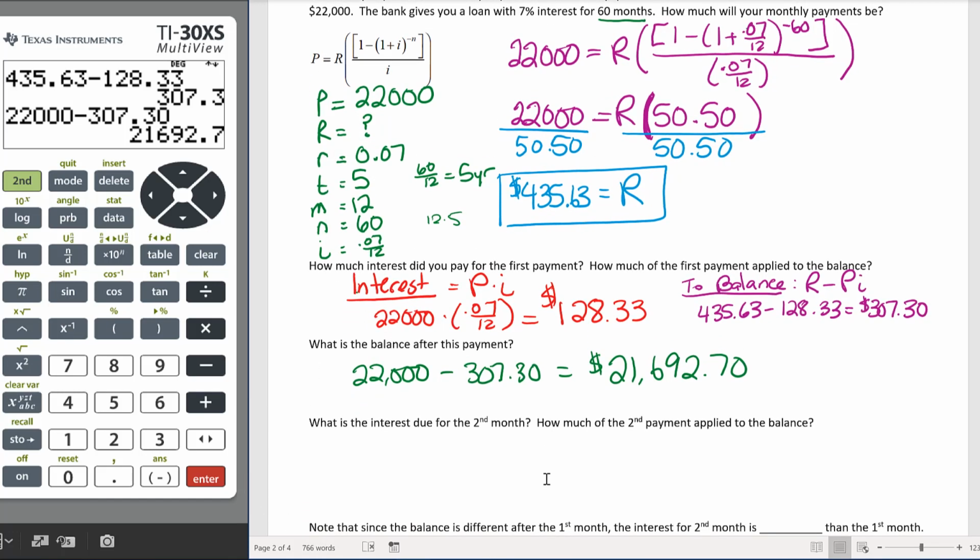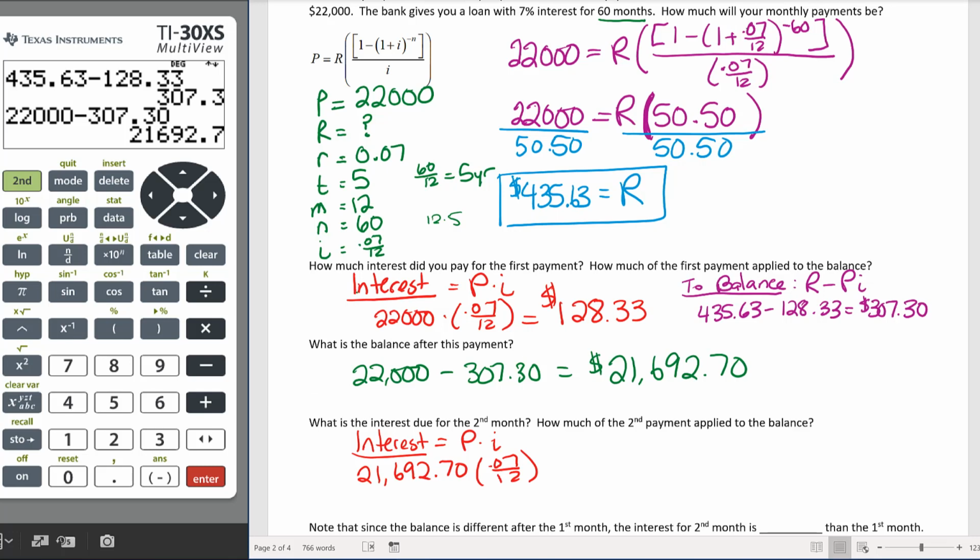So let's do one more month. What does the interest do for the second month? Well, the interest, again, is equal to the present value times I. Now, our new present value is $21,692.70, and we're going to multiply that by 0.07 divided by 12.